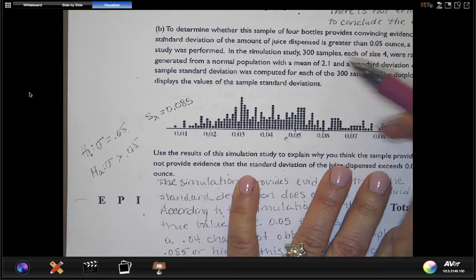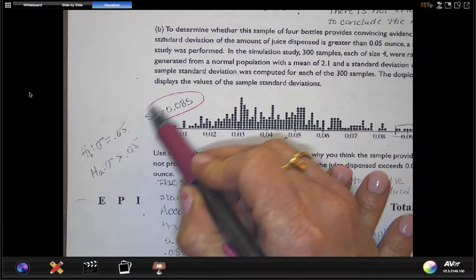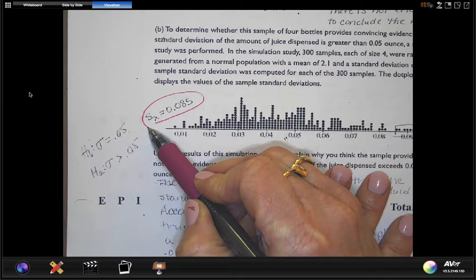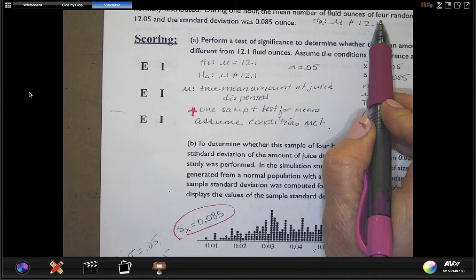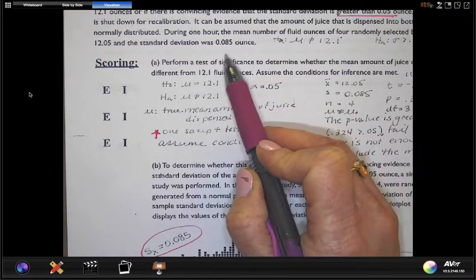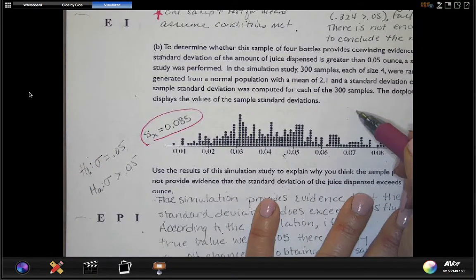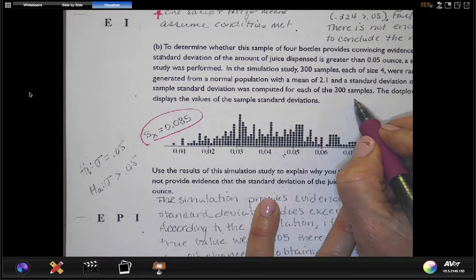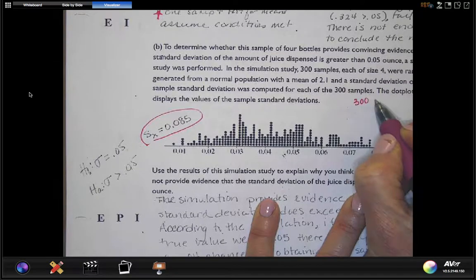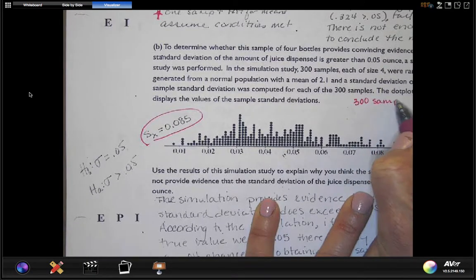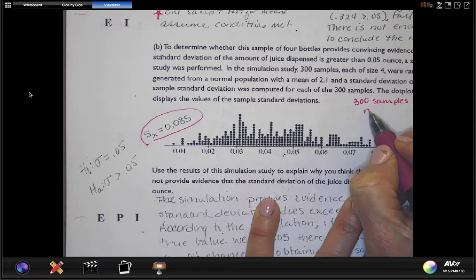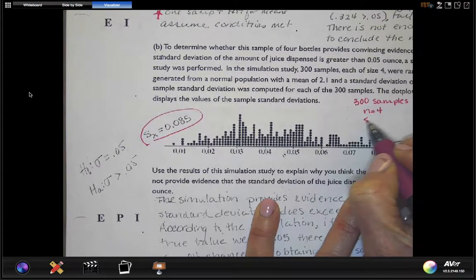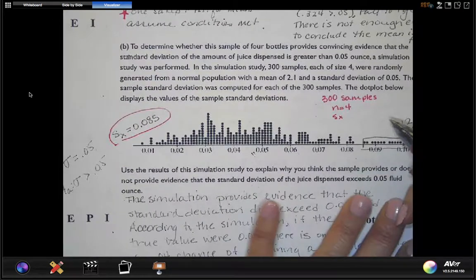Then what we find out is this is what we observe from the sample. They took a sample of 4 up here, and that's what they observed. That was the sample standard deviation. Then what it's doing is a simulation. It took 300 samples of size 4, and it found the sx for each of those samples.